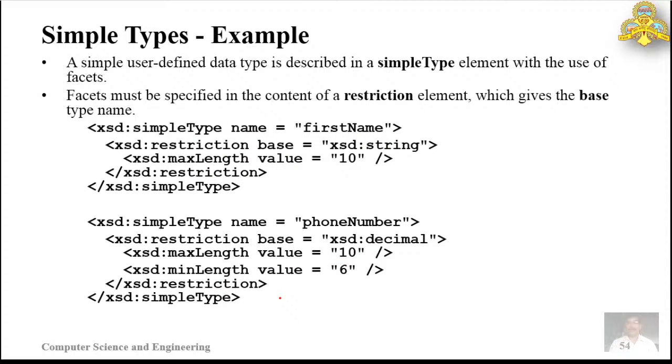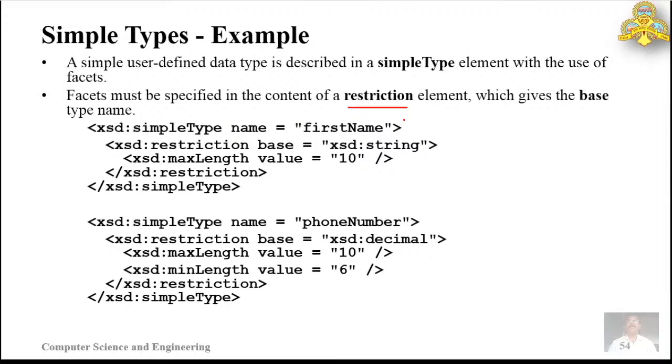And if we are providing facets or restrictions, in the previous one there is no restriction, but here I am specifying a restriction. In such a case, we can declare it by including the facet inside the restriction element.